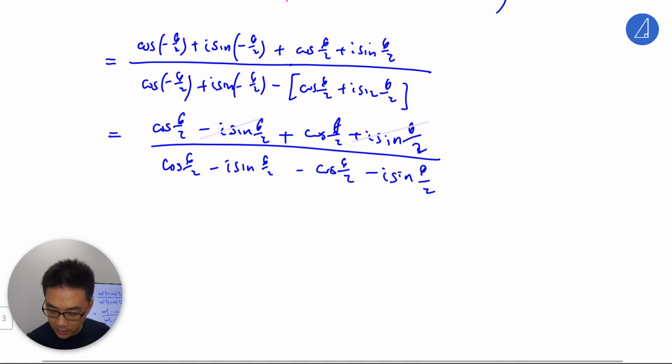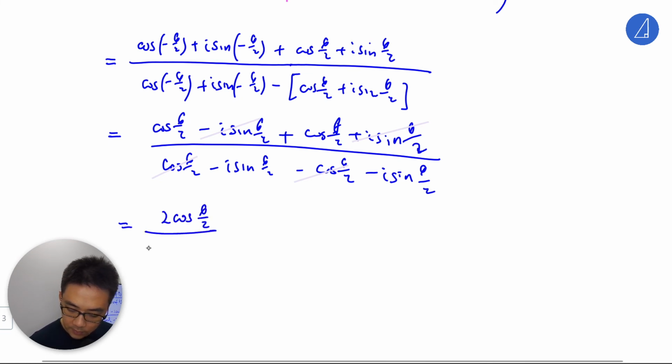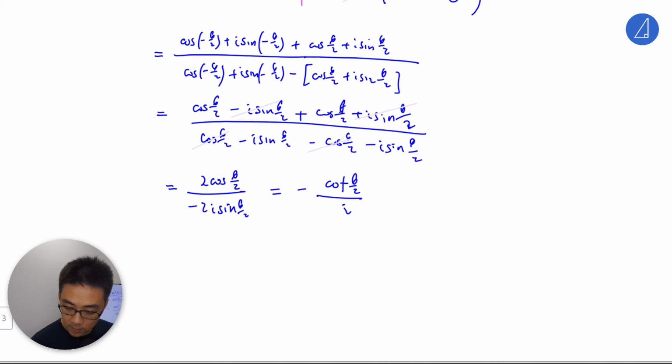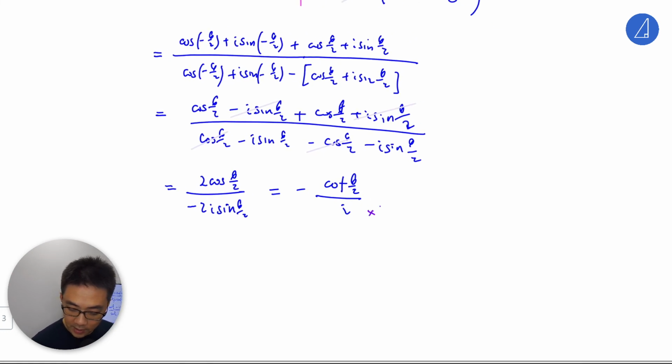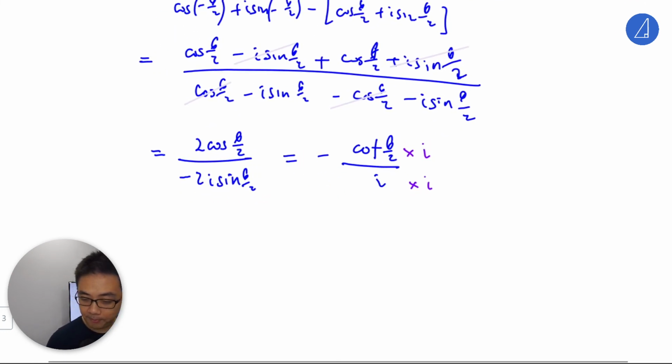Then I could also cancel the bottom one. What is left is 2 cosine theta over 2. Multiply bottom with i, multiply top with i.